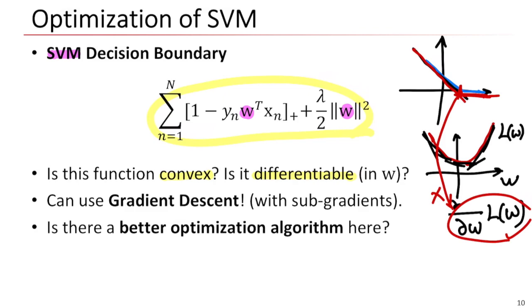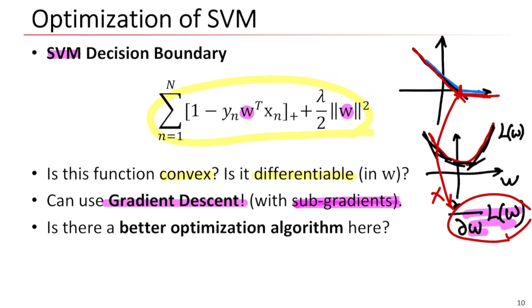To solve this optimization, we have to use some kind of iterative solver, such as gradient descent with the subgradient, because in gradient descent we need to compute this term, right? But in this case, we have to use the subgradient. That is hard to optimize.